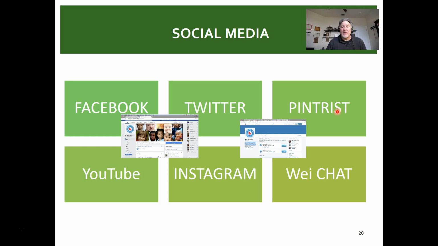Pinterest is up and coming because you can create pin boards of interest that you can hyperlink into your website. And then Instagram, which is really cool, is something millennials have really embraced. And a lot of folks have embraced YouTube for sharing video content, such as lectures like this. And I know in China they have WeChat, which is very popular.